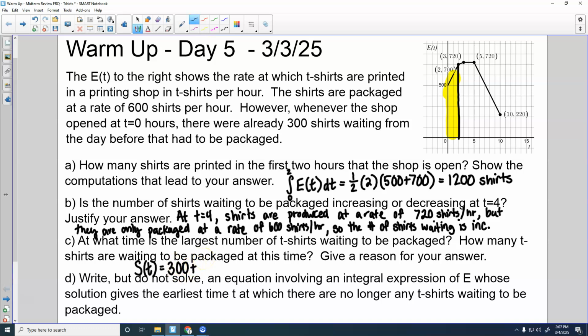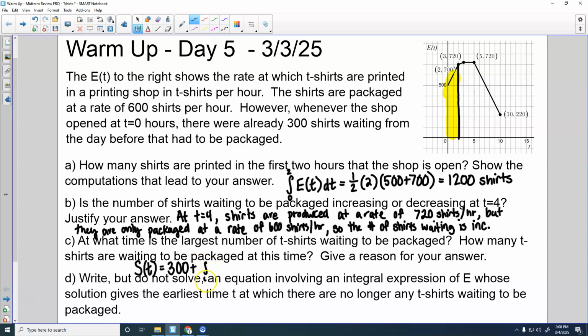And then you need to add the number of shirts that have been printed. What would I do for that? It's not E of t, it's the area under the curve from 0 to wherever you're trying to figure out. So we need an integral right here.